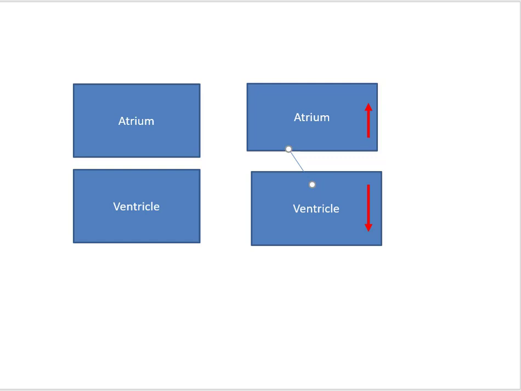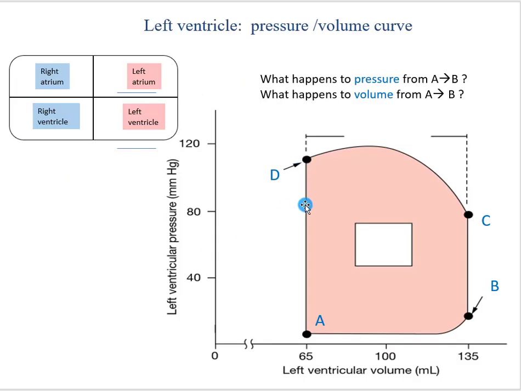So in that short window of time where blood is not flowing in while I'm waiting for the pressure gradients to flip-flop, this is that period right over here from D to A. We're going to name these. Segment B to C, same volume during contraction. This is isovolumic contraction. D to A is isovolumic relaxation.